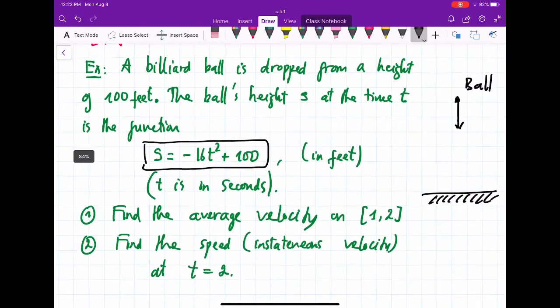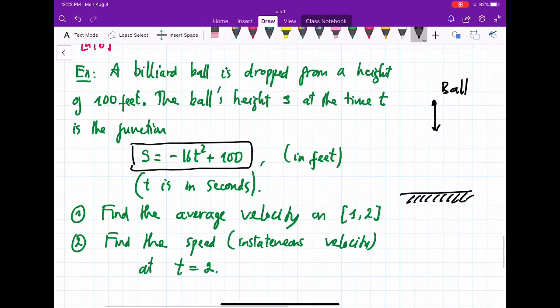We have the negative over there because the ball is falling down. So the highest one, when t is equal to 0, would be 100 feet.